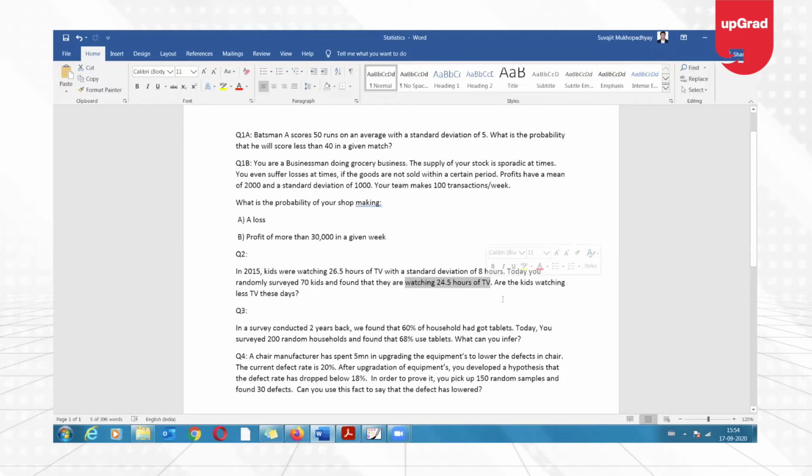So now the question is, are the kids watching less TV these days? So in 2015, they were watching 26.5 hours of TV. Probably we are talking per week average. So today in 2020, which means after 5 years, you randomly surveyed 70 kids and found that they are watching 24.5 hours, which is less than 26.5.